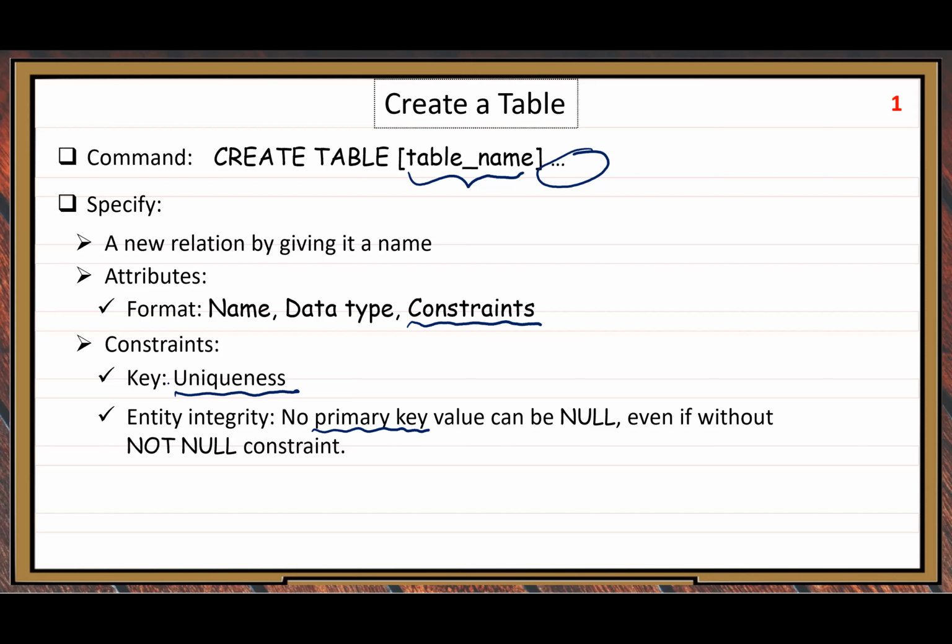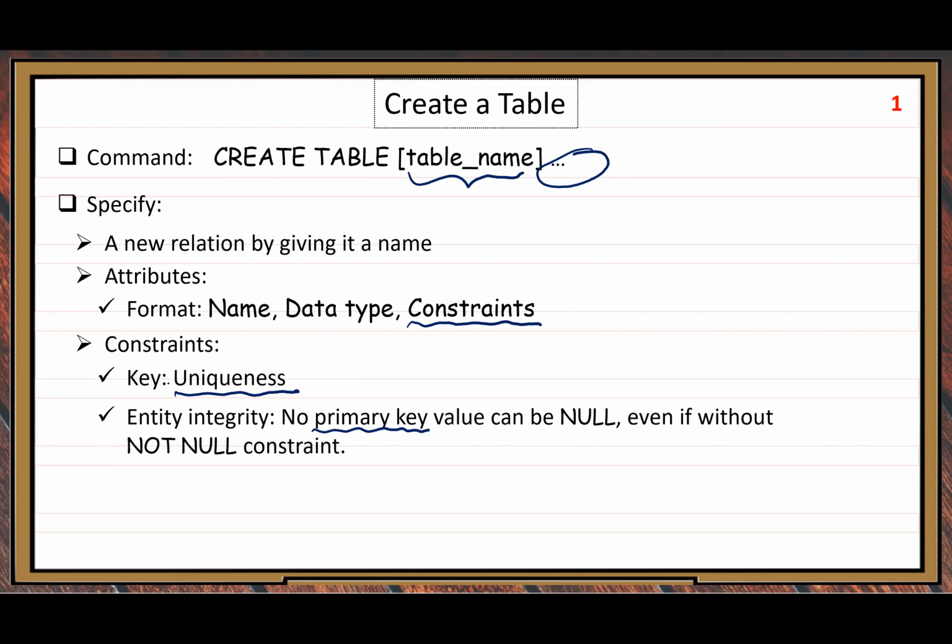It is a hidden constraint. You do not need to declare it or say anything. The DBMS assumes that the primary key cannot take the null value, even without a not null constraint, because that's the hidden one.